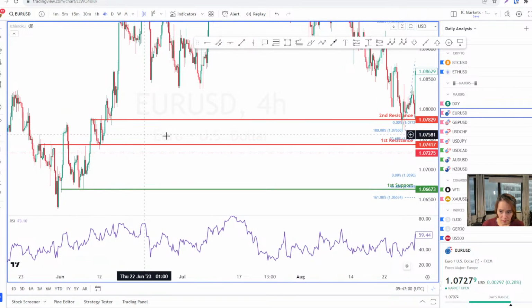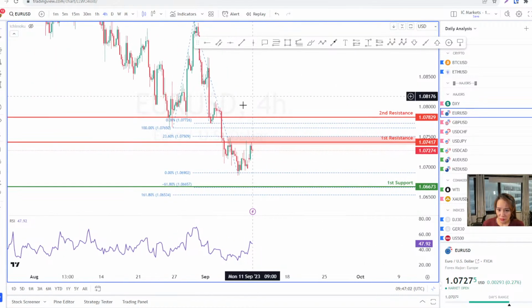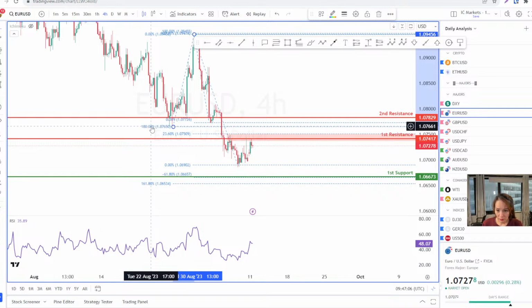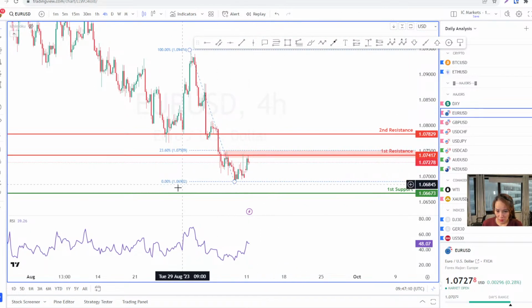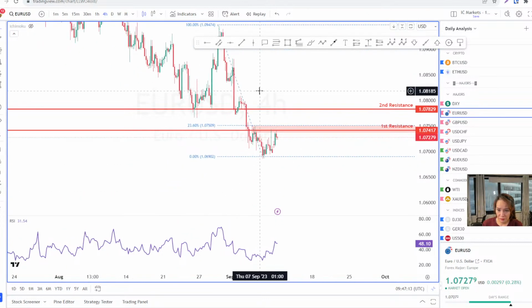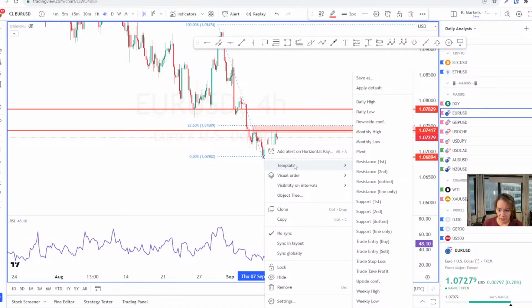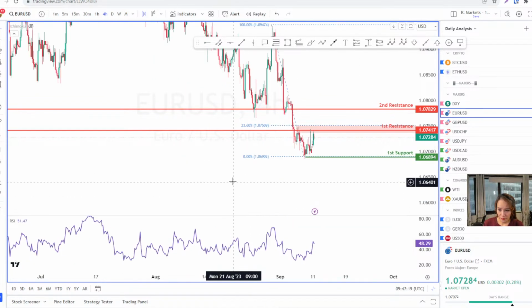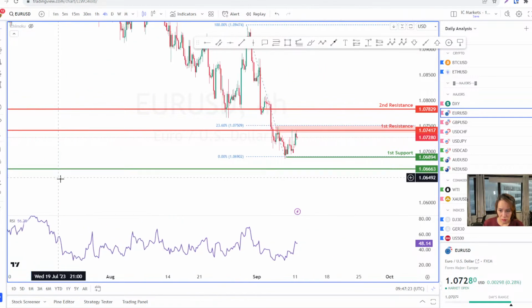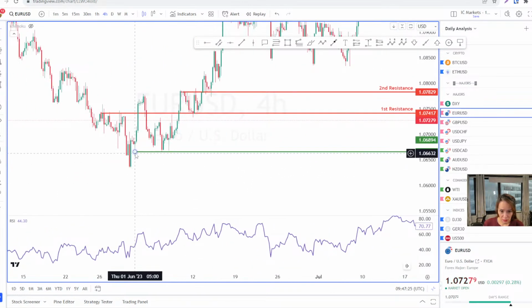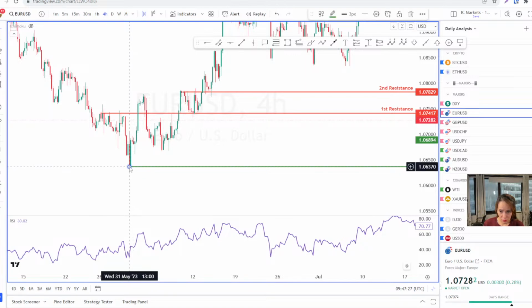Just put it somewhere here, something like that. Okay, I move up my first support. So basically, my first support here is the recent swing low, and my second I'll pick this low.